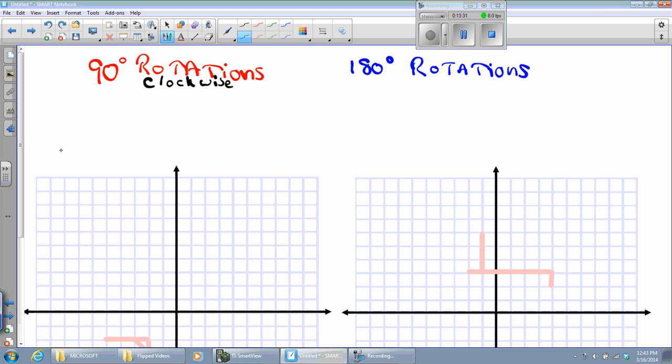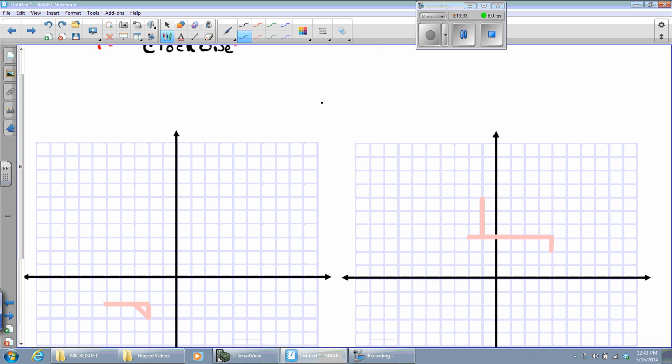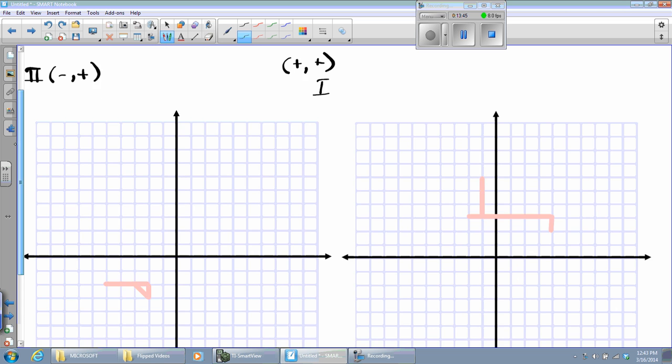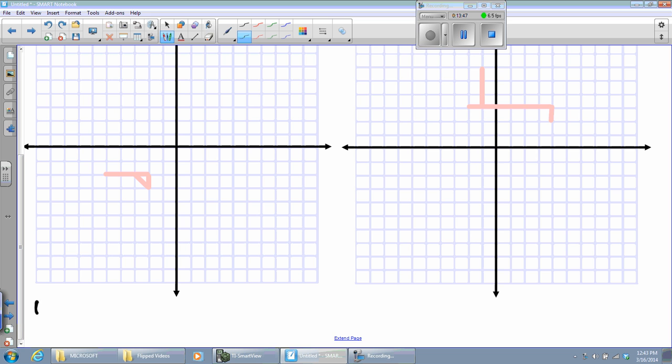Now remember that we want to know the value of the coordinates, positive or negative, in each quadrant. Okay, quadrant 3 is negative, negative, and then quadrant 4 is positive, negative.